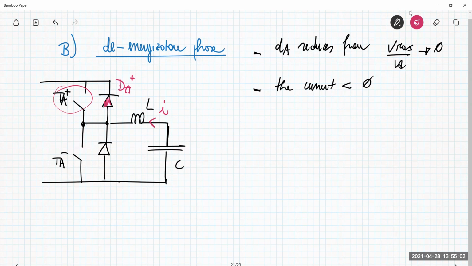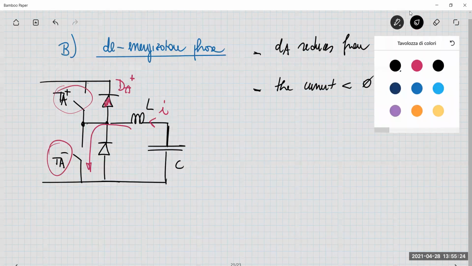Okay, by the way, it depends on the devices you are using. When the transistor Ta minus is on, that transistor can conduct the current. So basically, you can say that the current can be conducted by the diode and the transistor. Here we have what is called the typical boost operating mode.